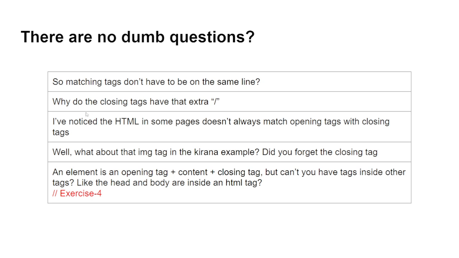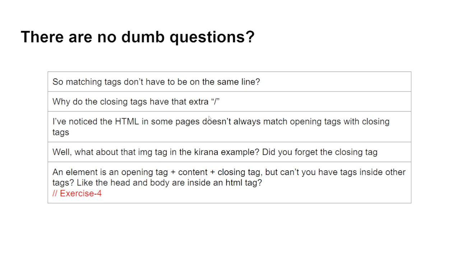Why do the closing tags have that extra slash? See, that slash in a closing tag is both for us and for the browser. It is there to tell us that the content is going to end.